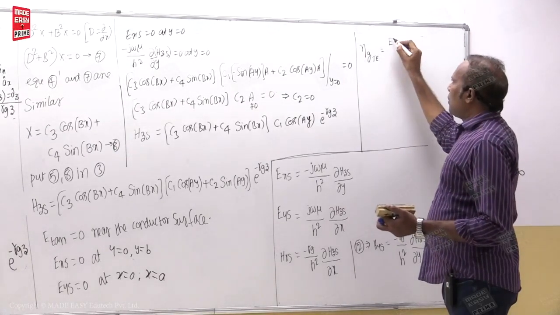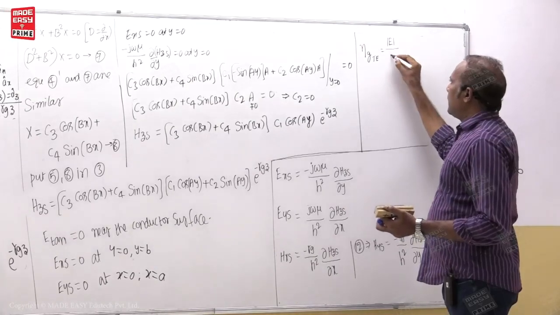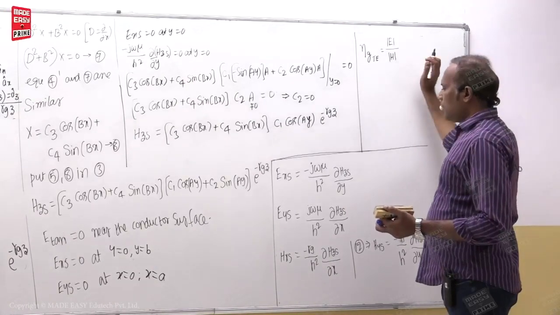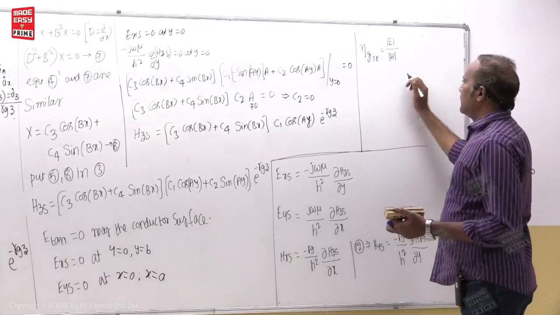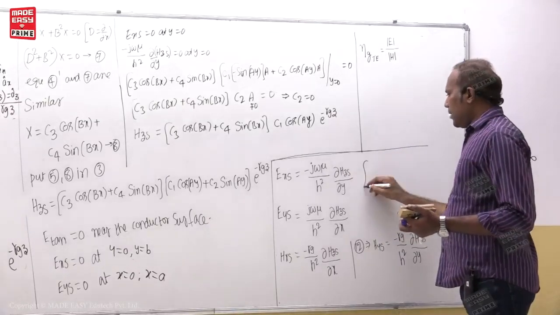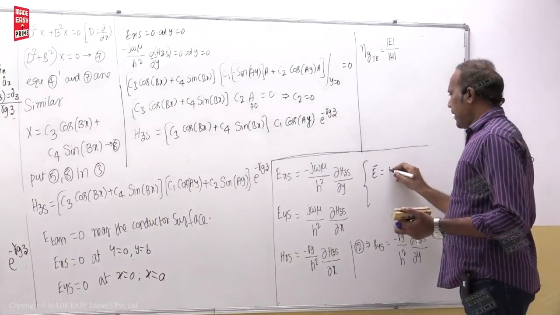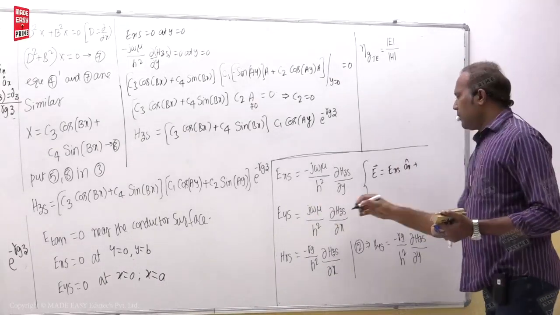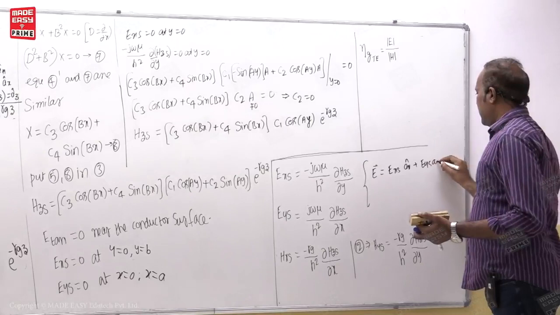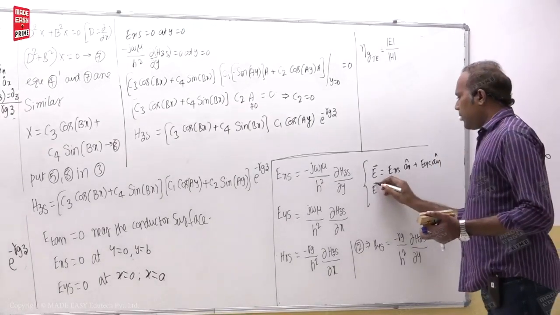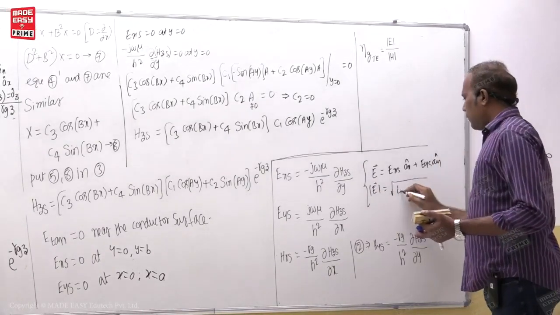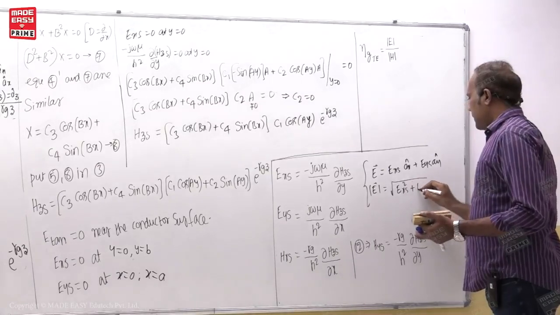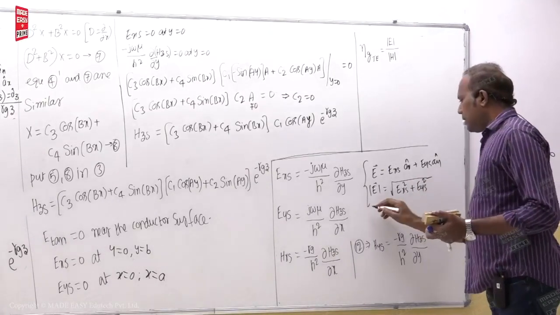Impedance is defined as total electric field magnitude by total magnetic field magnitude, like this. So if the total electric field vector has EXS ax plus EYS ay, then the modulus of electric field is root of EXS square plus EYS square. This is the vector definition.